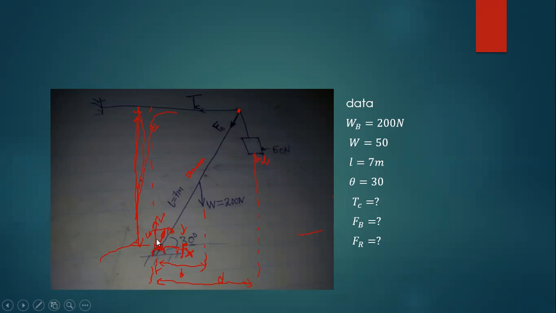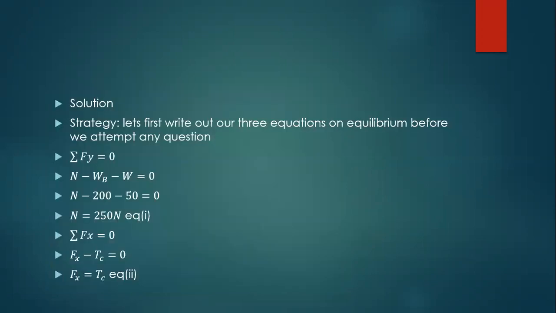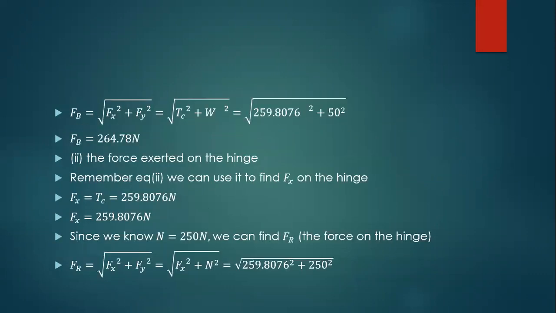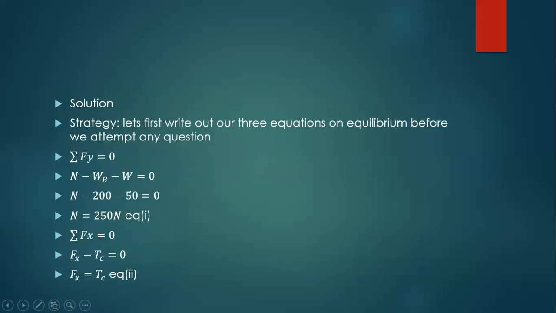Because for us to know the force exerted on the hinge, which is the resultant, we need to know the x component and the y component. If we know the y component and the x component, it will be easy for us to find the force on the hinge. So let's try and see if we can find the x component. We found the y component, we already found it, which was this normal.